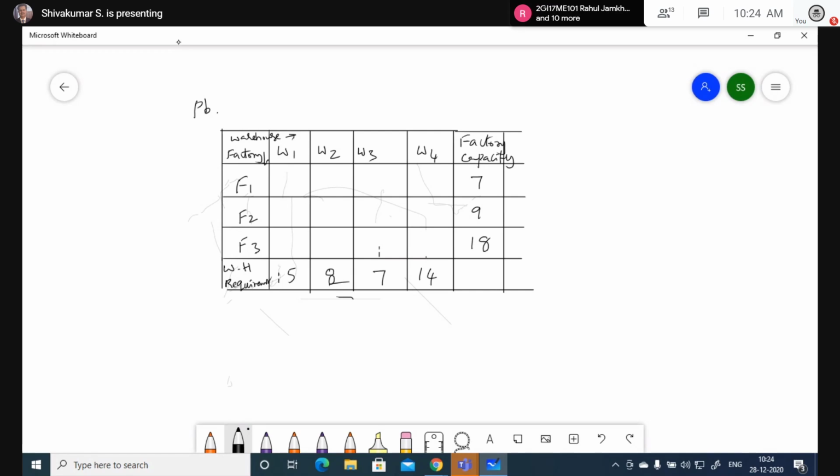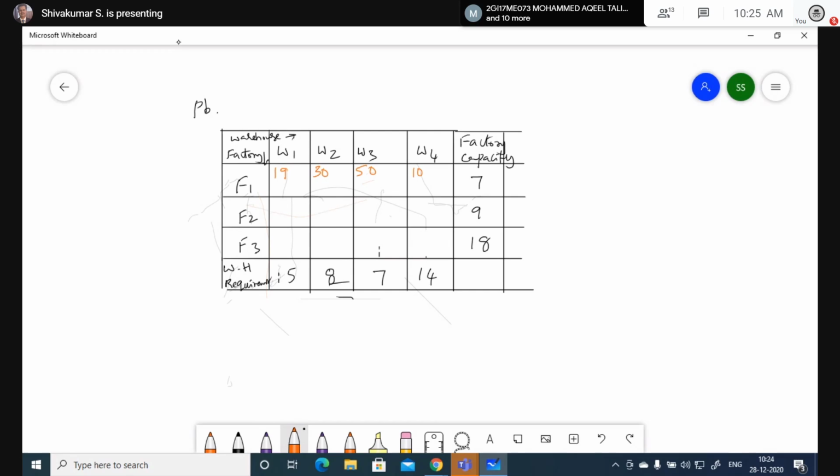Now I'm going to write here in between the transportation cost from factory 1 to warehouse 1, and likewise. Okay, I'm going to write the costs here: 19, 30, 50. The other transportation cost is from factory 1 to warehouse 4, likewise.